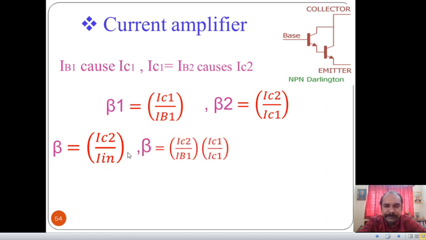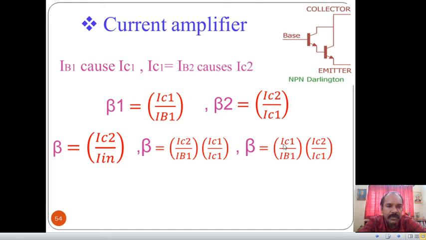So beta is output current divided by input current, and here we have divided and multiplied by IC1, IC1 divided by IC1. Rearranging this equation we get IC1 divided by IB1 and IC2 divided by IC1.